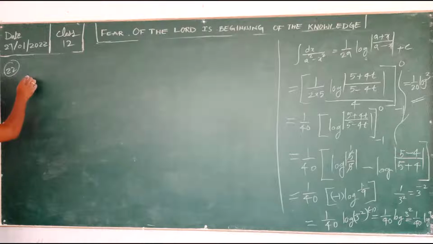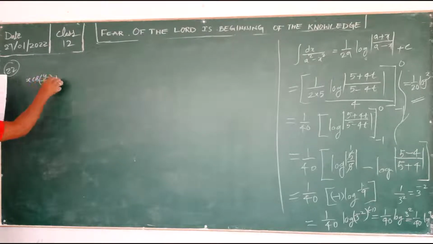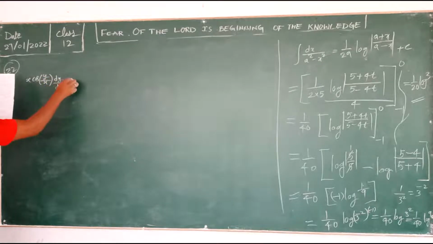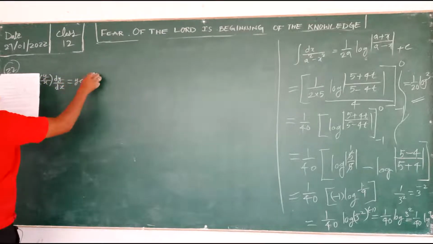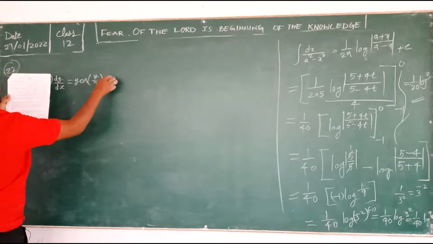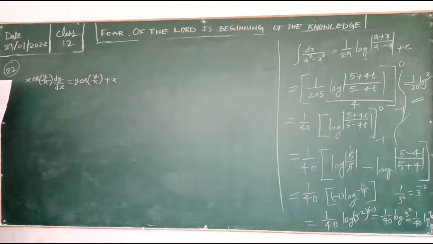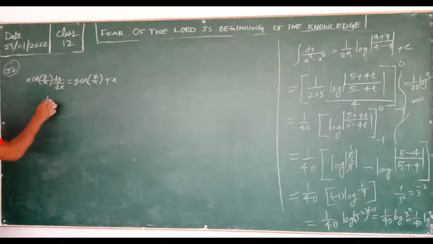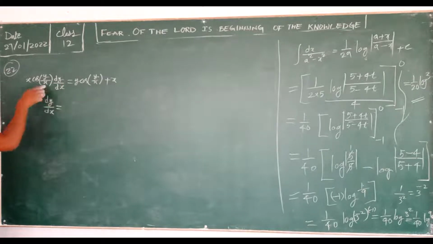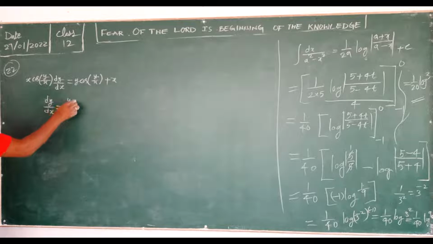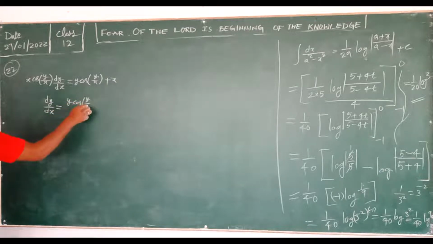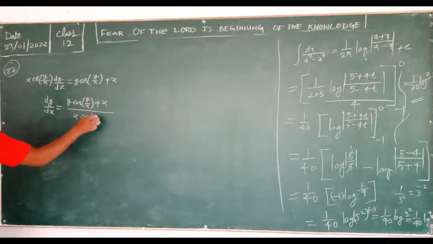It is given: solve the differential equation x cos of y upon x dy upon dx is equal to y cos of y upon x plus x, which is homogeneous, and solve it. So you need to first prove that it is homogeneous. How to prove? dy upon dx as it is, and whatever is there, send to that side. So y cos of y upon x plus x upon x cos of y upon x.